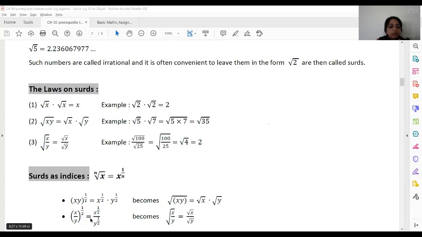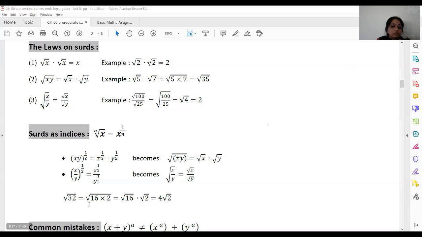This is for multiplication, and similarly for division: x upon y raised to 1 by 5 is x raised to 1 by 5 upon y raised to 1 by 5. It means the fifth root of x upon the fifth root of y.